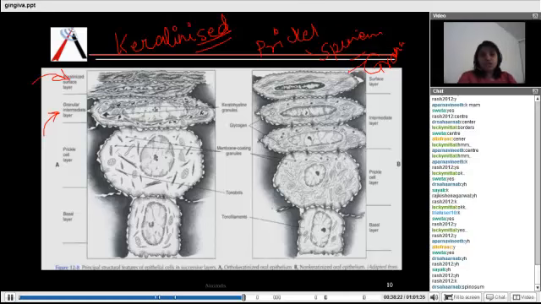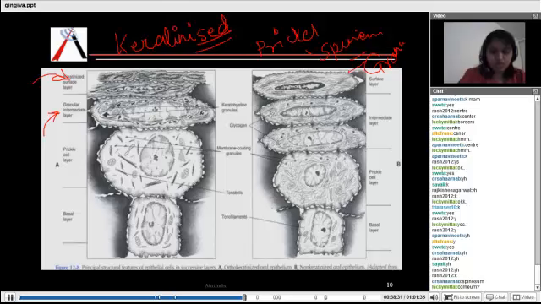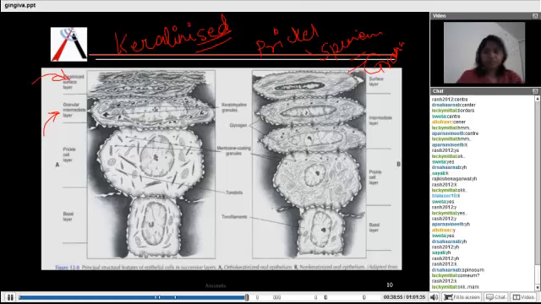Let me just, give me a second. I think we do call it corneum. It's the lucidum which is not present. Yes, it's basically the corneum which is present.